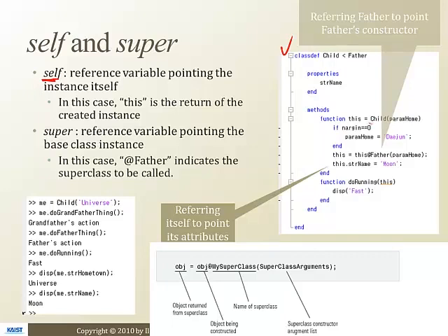Like inside of the child class, if you want to refer to the child class itself, this can be called. So for instance, this child class has strName as a property. And if it wants to use this strName inside of this function, it can call this.strName. Okay, and then you can assign some values here.